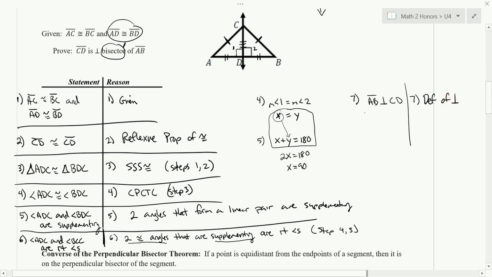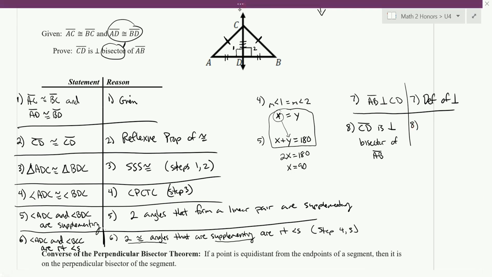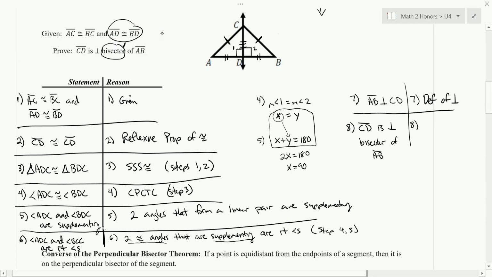And now I could say what I was trying to prove, that CD is a perpendicular bisector of AB because of which two steps? Which two steps tell us in our proof that CD is a perpendicular bisector? One, so step one right here, this is the bisector part, okay?